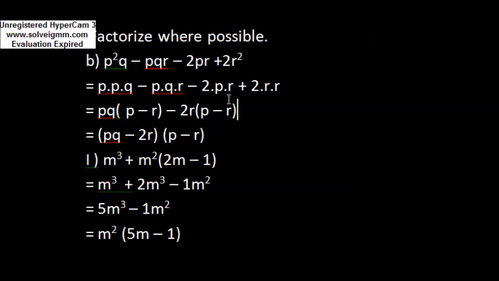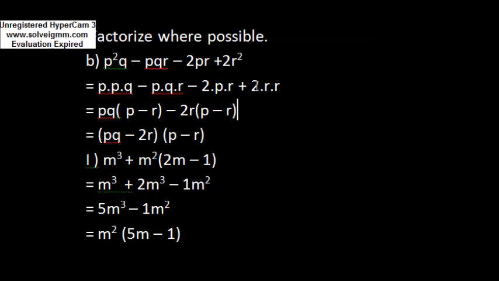Similarly here, in the third term you can see 2 is in the third term, 2 is also in the fourth term, R is in the third term, R is also in the fourth term. So your common factor is 2R, and inside the bracket 2R is common, so only P is left.